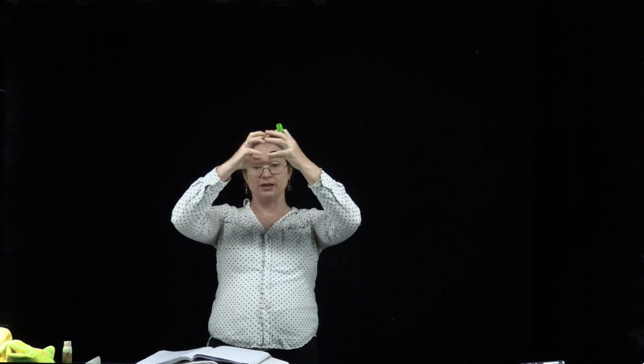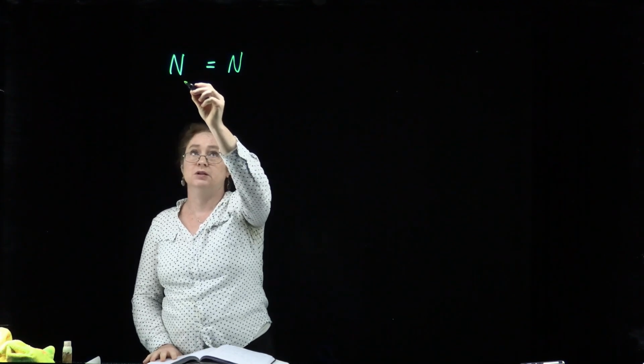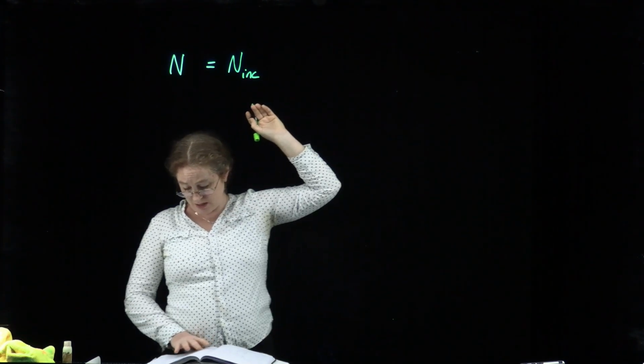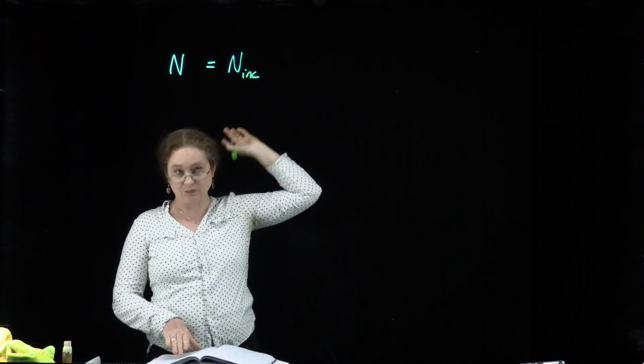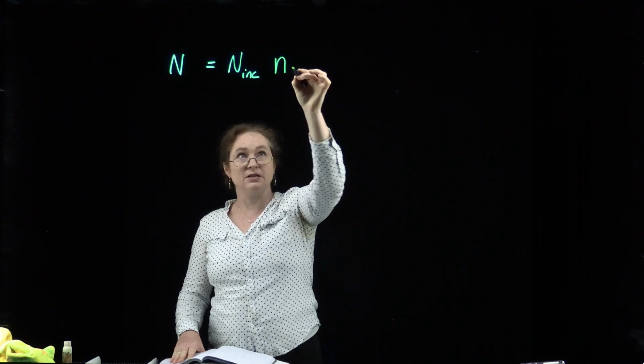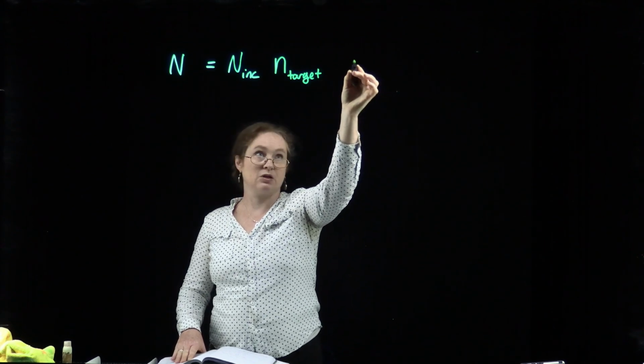Now, we can take what we've done when we were specifically considering spherical projectiles and scattering, where we had this picture in our head of generic scattering. What we said was that the number of scattered objects is equal to the number of incident objects, and I've deliberately left that without a subscript, times the number density of the target times the cross section.